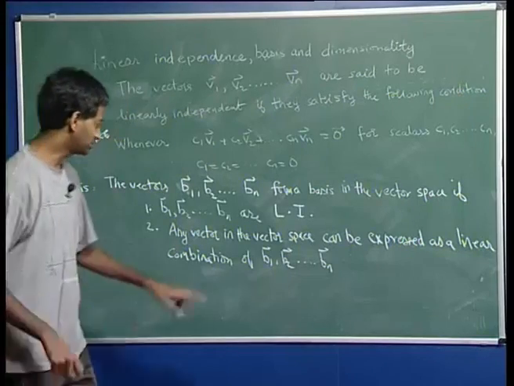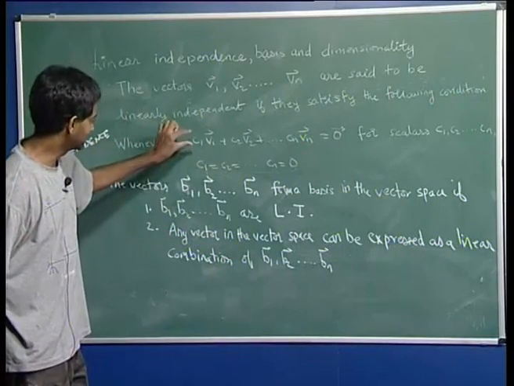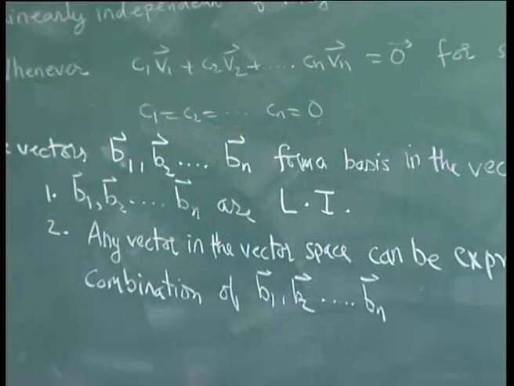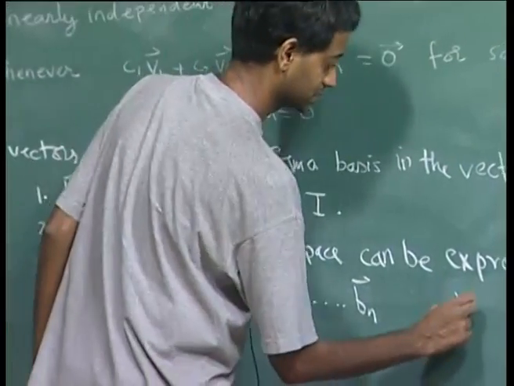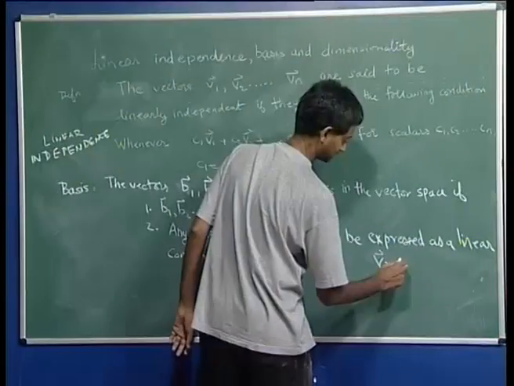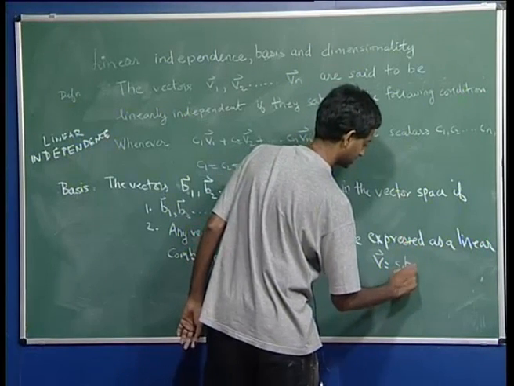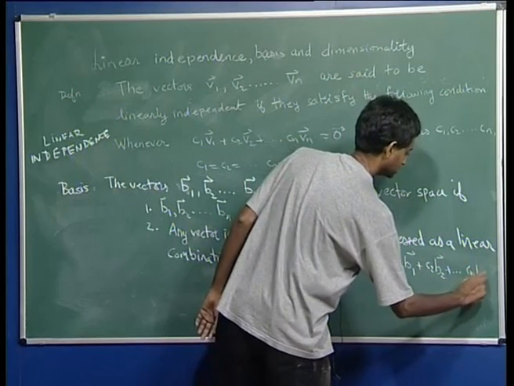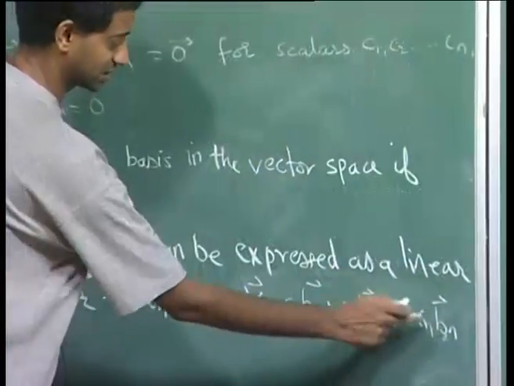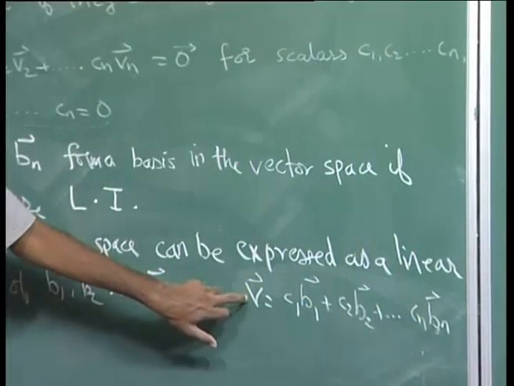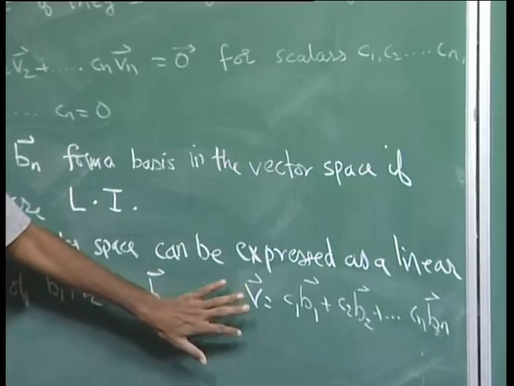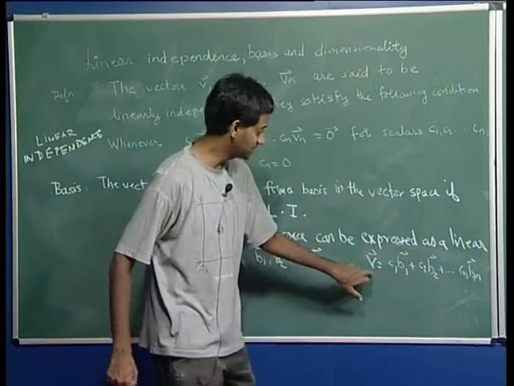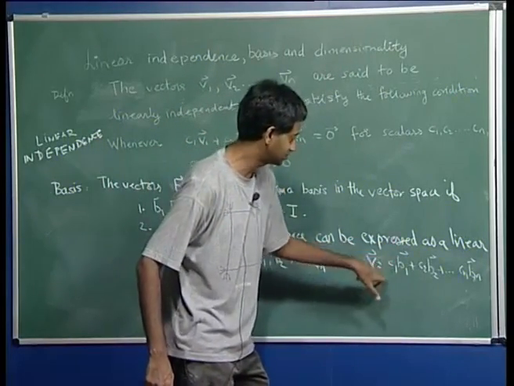And by linear combination, what I mean is exactly something like this, where you have some scalar multiplying b1 plus some scalar multiplying b2 and so on. So, suppose you have an arbitrary vector v, then you can express that as c1 b1 plus c2 b2 up to cn bn, where all these c1, c2 etc. are scalars. So, any vector in the vector space, there should be no exception. Each and every vector in the vector space should be expressible in this form.